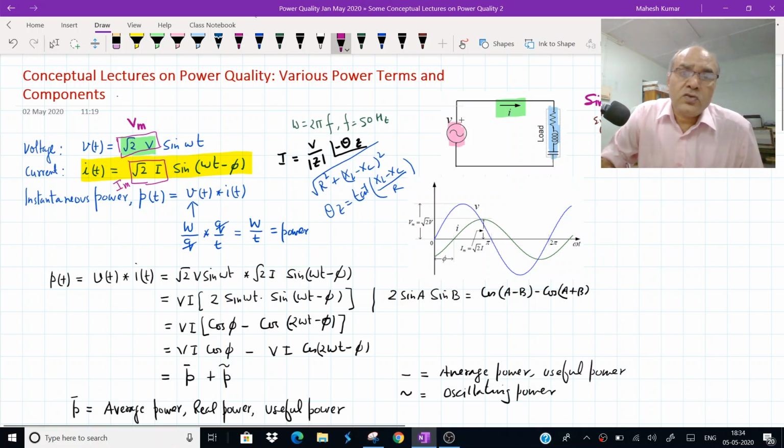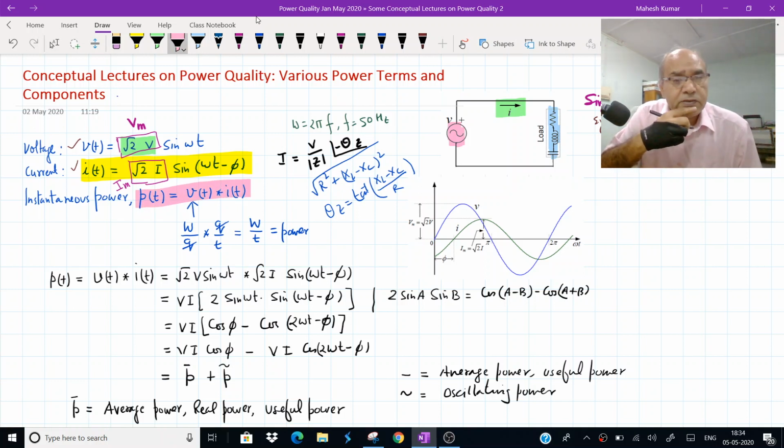So once we know the voltage and current, then we can find out the power. The power is the product of voltage and current. The dimension of voltage times current is watts, the power. You can see it here. The voltage is nothing but the work done per charge, W by Q, and the current is Q by T, charge per time.